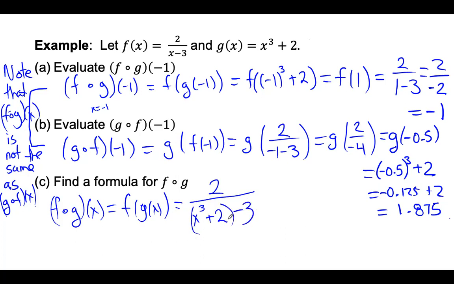You can put brackets to indicate. And then we simplify. So this was the equivalent of saying 2 divided by g of x minus 3.